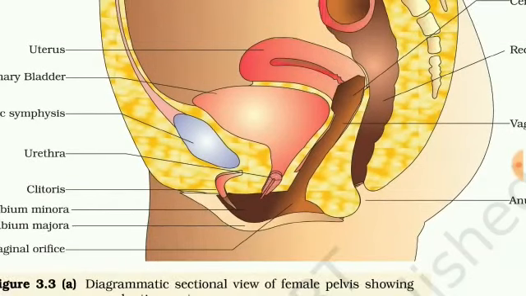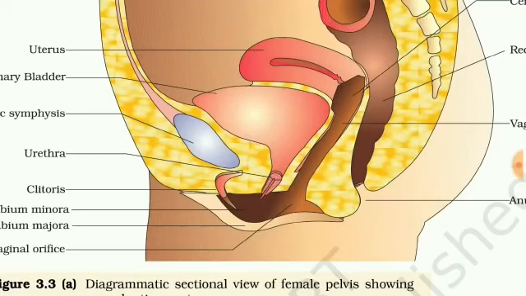Listen to the drawing. The drawing explains the diagrammatic sectional view of the female pelvis region, which shows the female organs and the external genital organs. That is the uterus, which is useful for the developing child, normally known as the fetus.